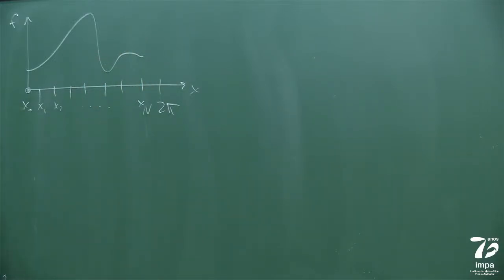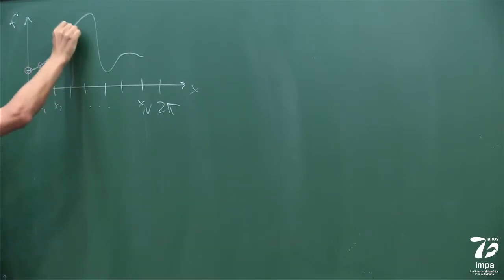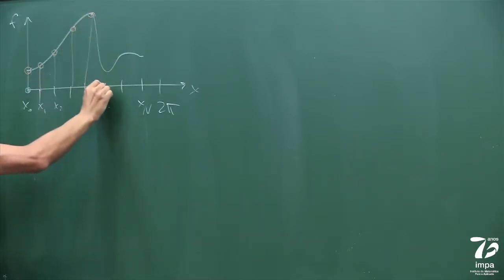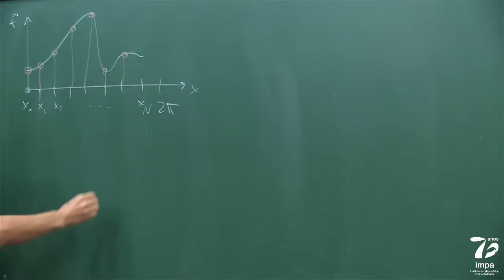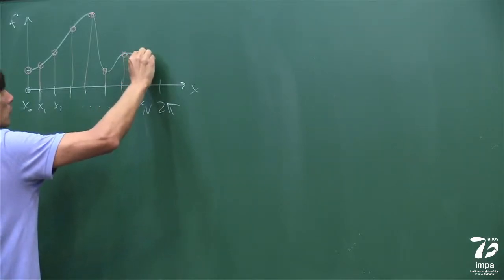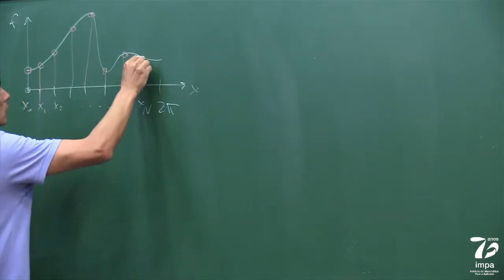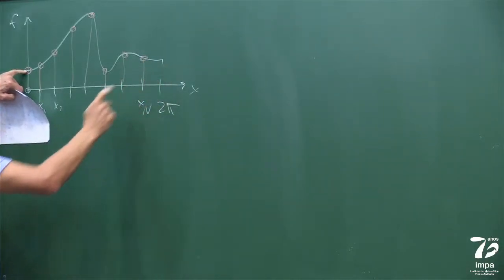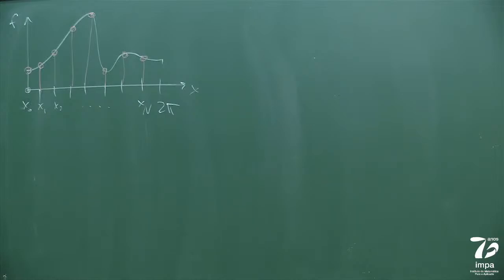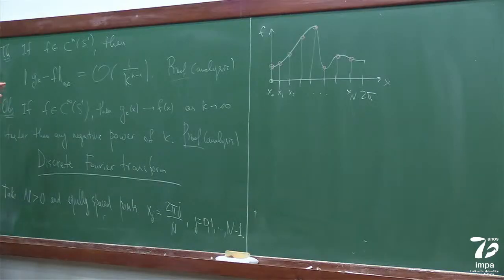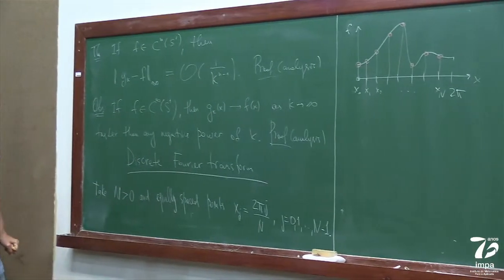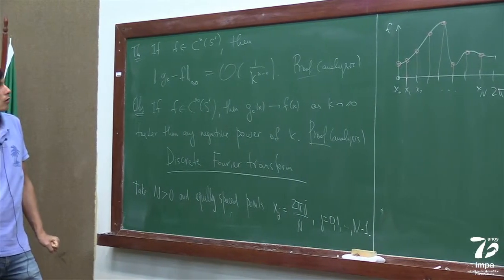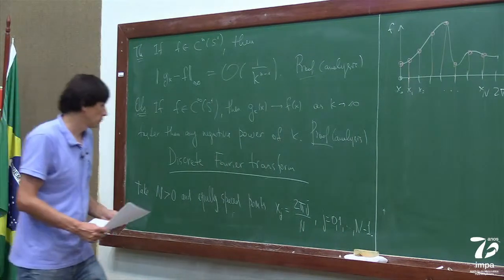What it means is that we only know the function at these points on this grid. These points we don't need to know because this is the same as the left. So the function is, as I said, usually periodic. For convergence, we need the function to be periodic and nicely behaved, right? Okay, so this is what we have.